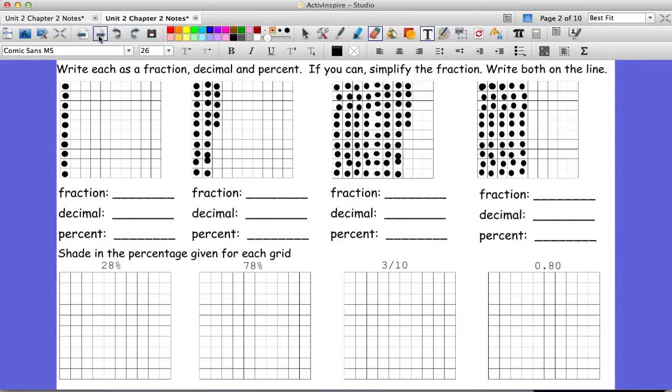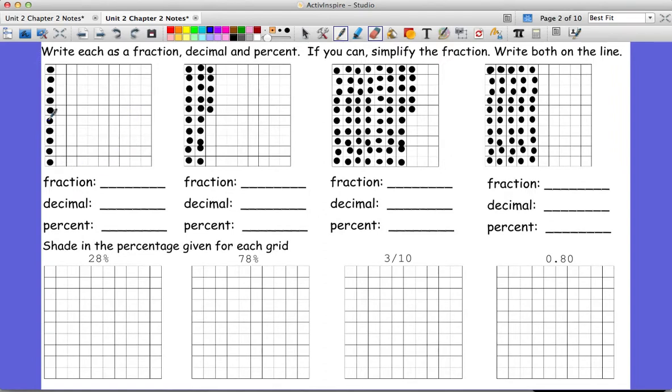All right, so we're going to take a second and look at this grid and look at the fraction of the colored in portion, and we'll see that there are 10 out of 100. Now we know that we can simplify this, divide them both by 10, and you can get 1 out of 10.